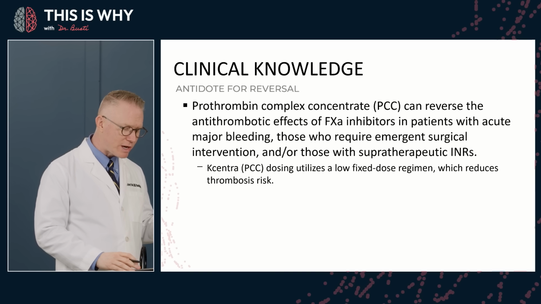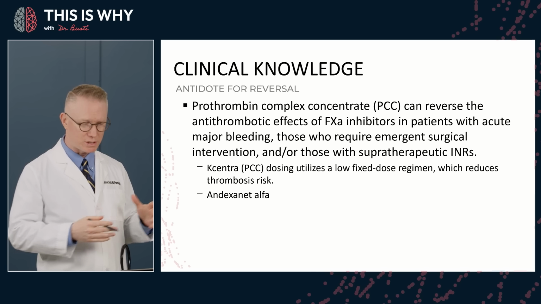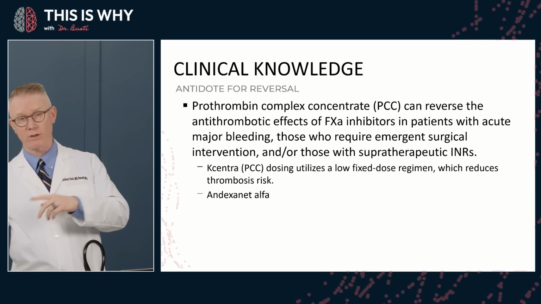And so there are low fixed dose regimens that can help reduce the risk of thrombosis, because you're reversing something, well, you can tip the scale the other direction, right?